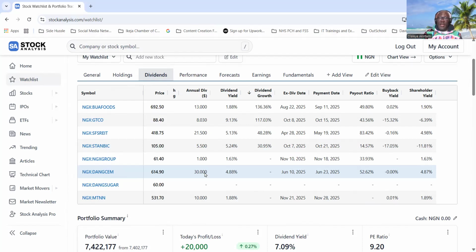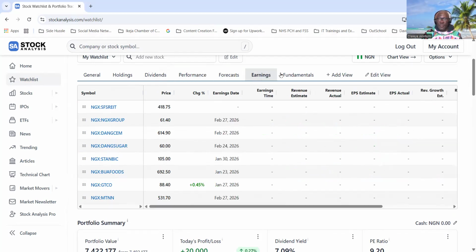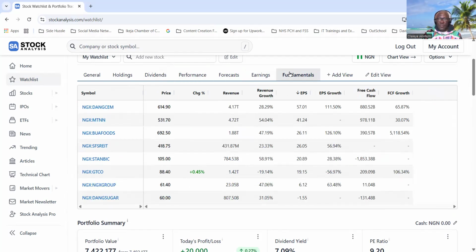The dividend per share is paid out of what is earned per share. So the higher the earnings per share of a company, the higher the dividend per share you can expect. Okay, so the earnings per share for MTN is 41 naira 24, and the earnings per share for Boa Food is 26 naira 11 kobo.